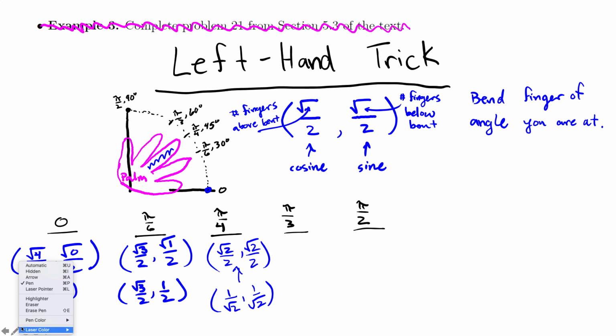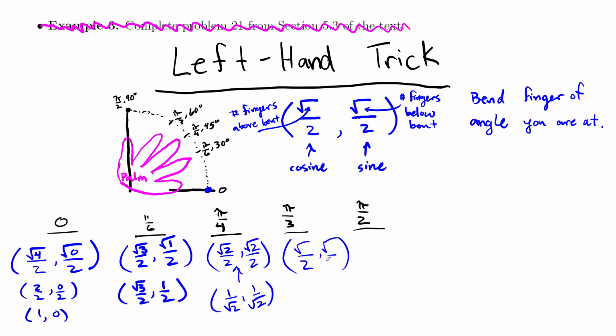All right, so moving on to pi over 3. Kind of get the hang of it now. Square root of blank over 2, square root of blank over 2. I'm bending this finger. There is 1 above and 3 below. So that's when we get 1/2, root 3 over 2.